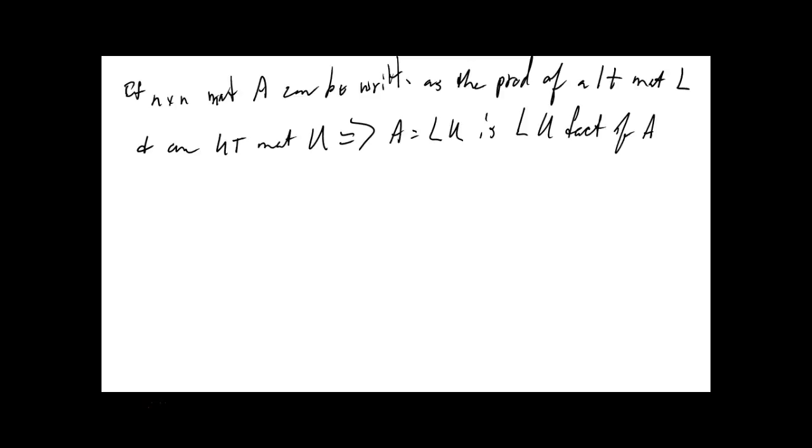So in other words, A may have several factorizations, but if you can find one where the left-hand one is lower triangular, the right-hand one is upper triangular, and that produces A, you call that the LU factorization.